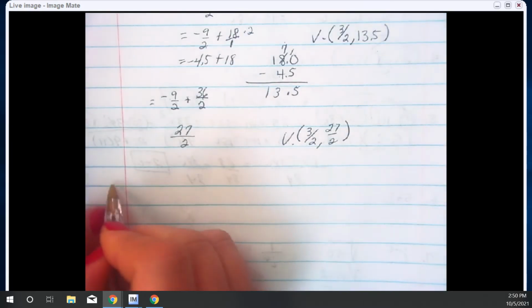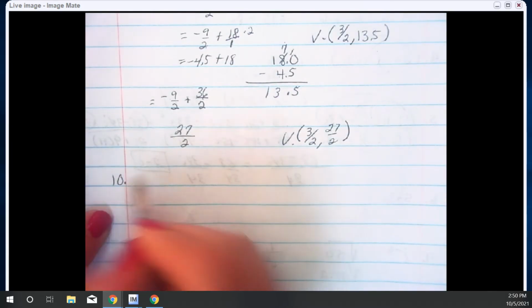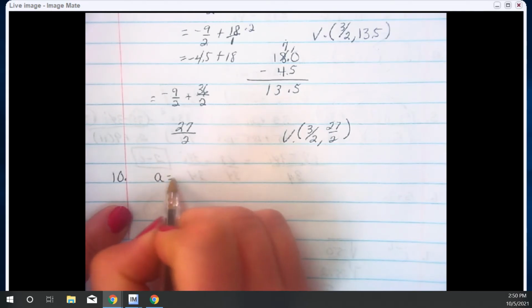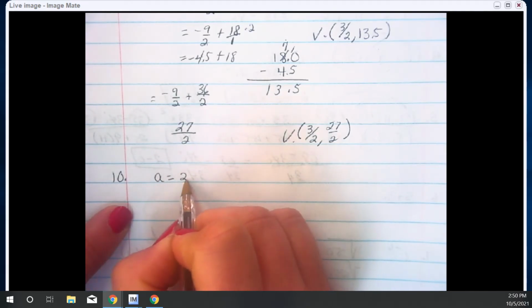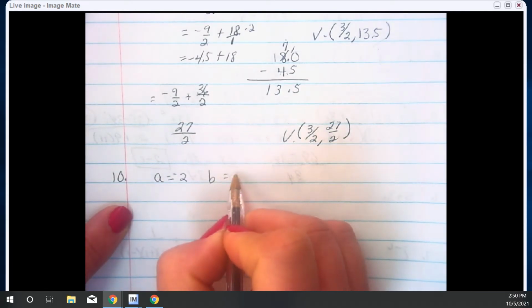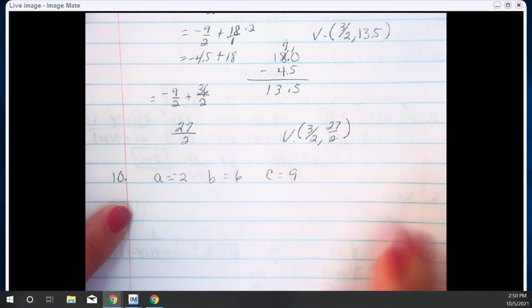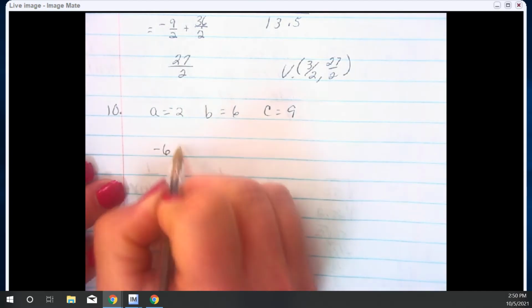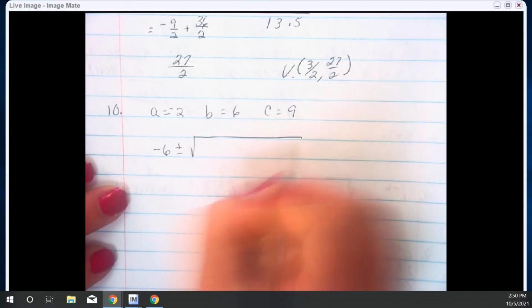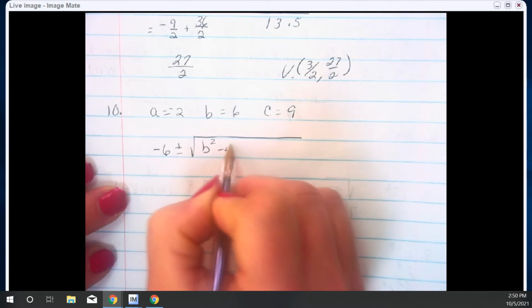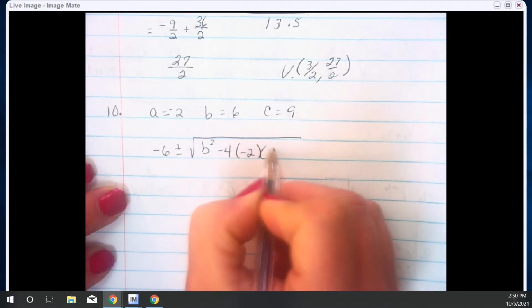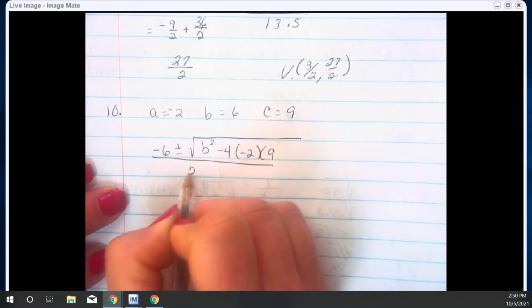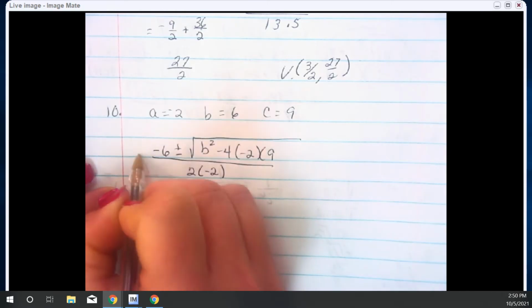We're going to find the zeros of the function. That's 10. The zeros mean we need to use the quadratic formula. Our a, b, and c have not changed. The opposite of b plus or minus the square root of b squared minus 4 times a times c, all divided by 2 times a.